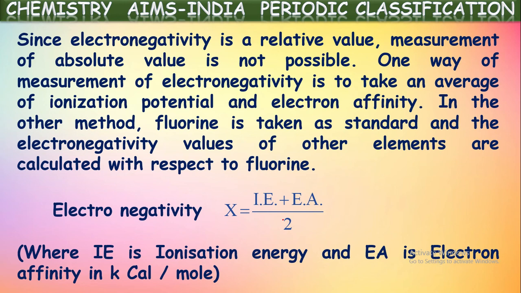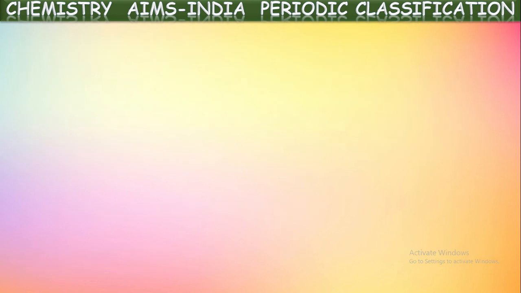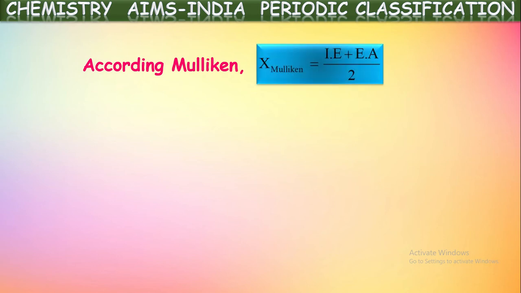Calculating electronegativity by taking the average of electron affinity and ionization energy was given by the scientist Mulliken. So according to Mulliken, electronegativity is equal to the average of ionization energy and electron affinity.